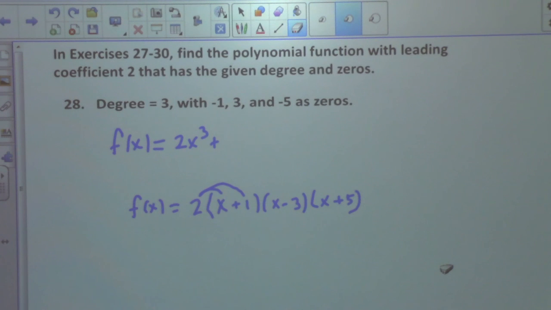But it's so easy to make mistakes on this. I got 6x. Okay, it's 2x to the third plus 6x squared minus 26x minus 30.